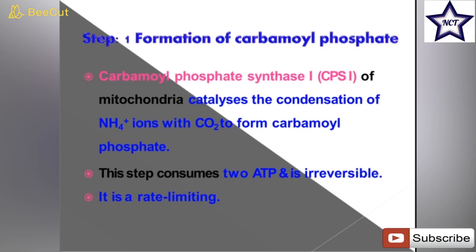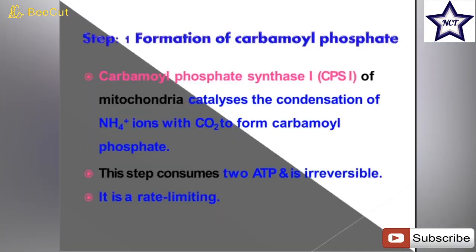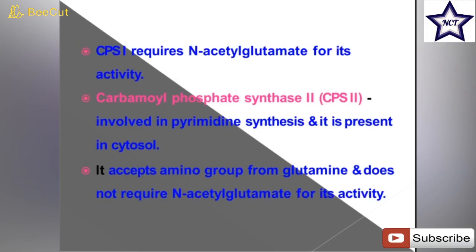So in the first step, the conversion of ammonia and carbon dioxide into carbamyl phosphate, the enzyme carbamyl phosphate synthase 1 is involved, which is a mitochondrial enzyme, and condensation of ammonia and carbon dioxide occurs in this step. 2 ATP are used. This step is the rate limiting step and is irreversible in nature.